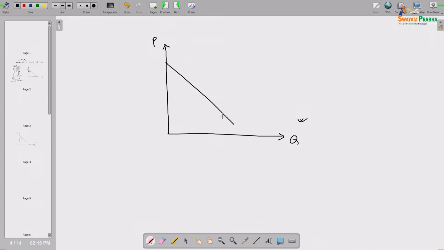We are measuring quantity of that commodity on the horizontal axis, and price of that commodity on the vertical axis. What other factors can influence the demand for that commodity? Of course, the income of the consumer whose demand behavior we are trying to capture here.